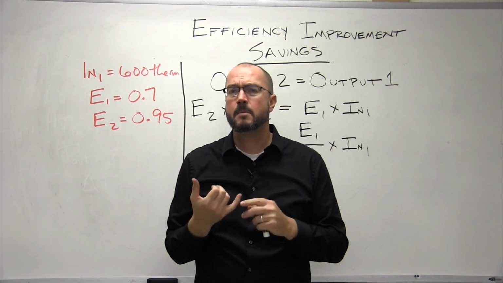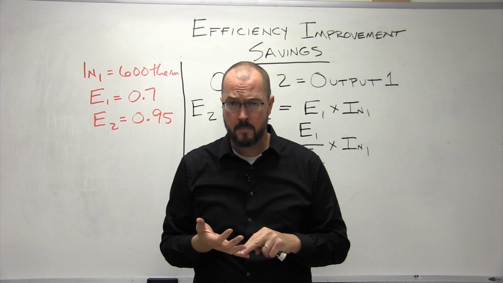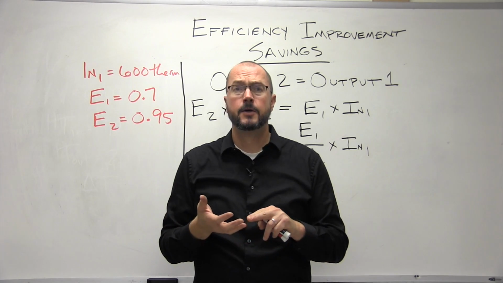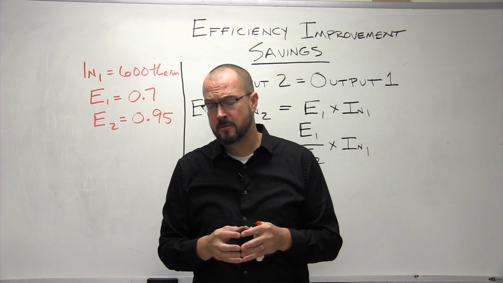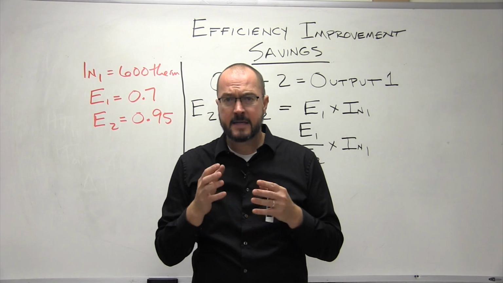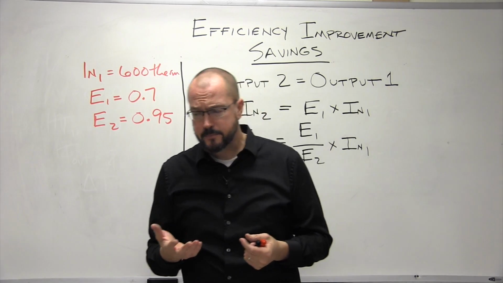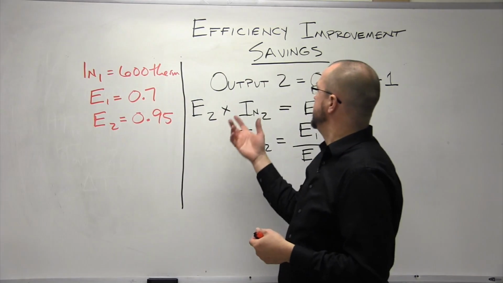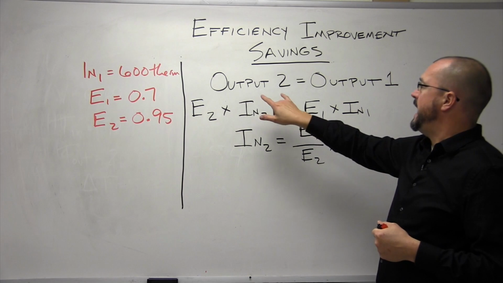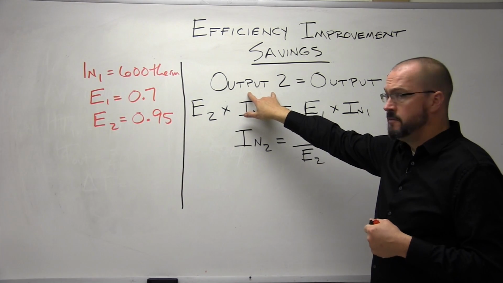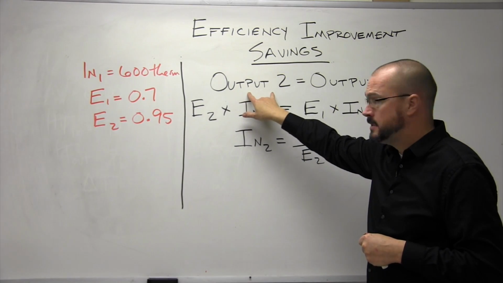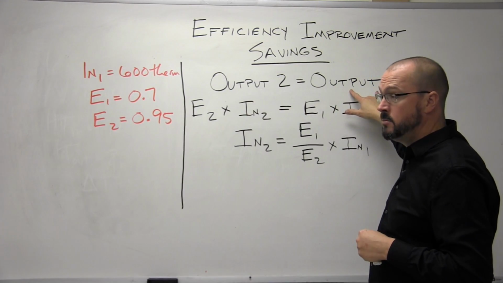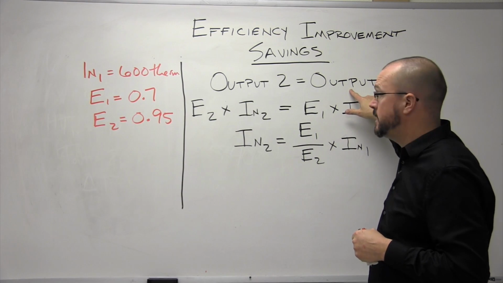So it takes the same amount of heat to heat the home or other building before you make the change and after. That's how you know how to set up your equation. So in this case, the output of the furnace after you make the change is equal to the output before. That's how much heat it takes to heat the home.